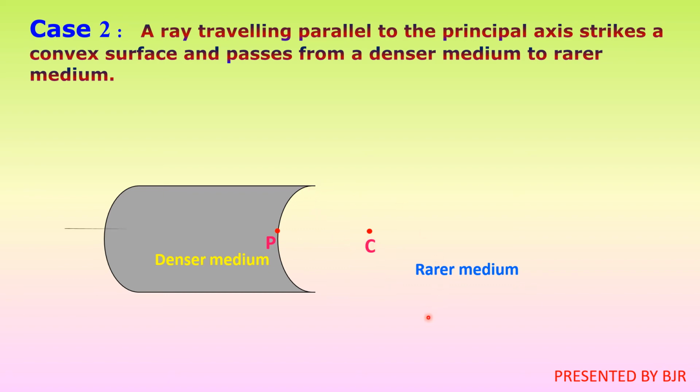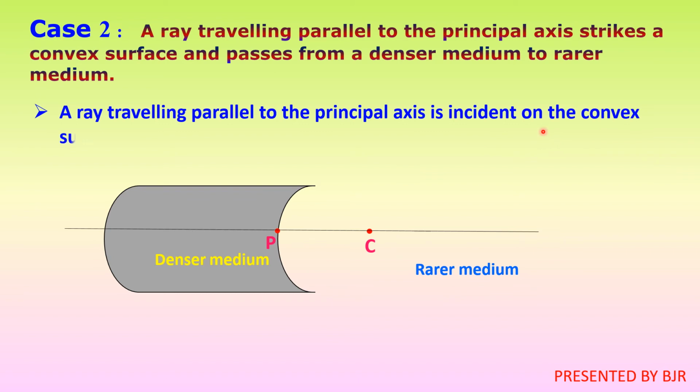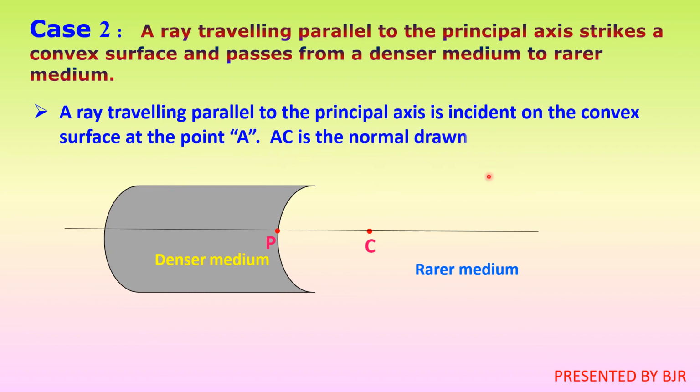Okay, now this one is the principal axis. You know this. A line drawn through P and C, pole and center of curvature, is called the principal axis. Okay, now you see here a ray traveling parallel to the principal axis is incident on the convex surface at the point A, and AC is the normal.